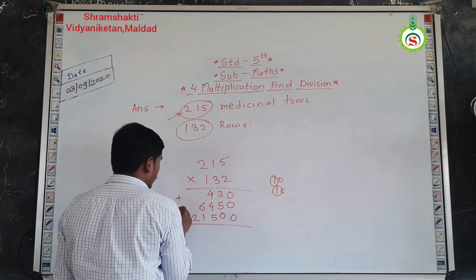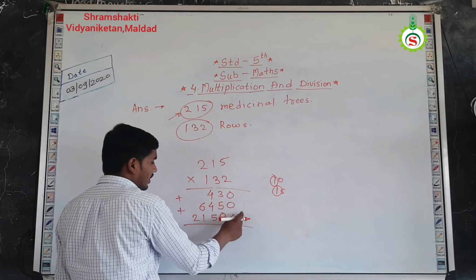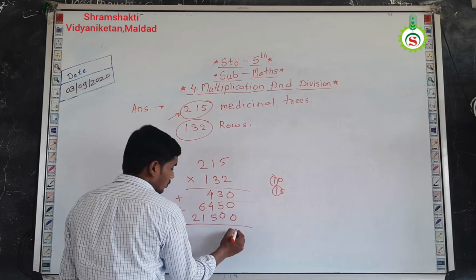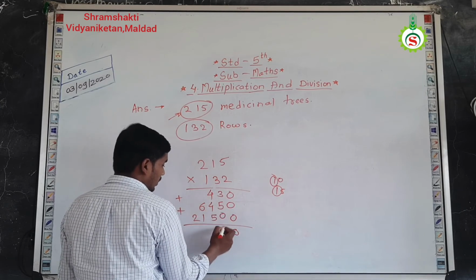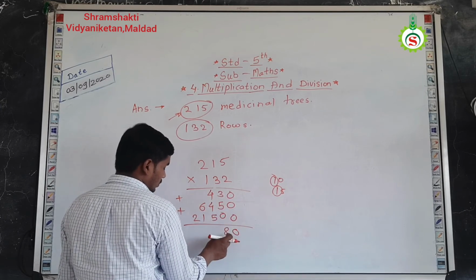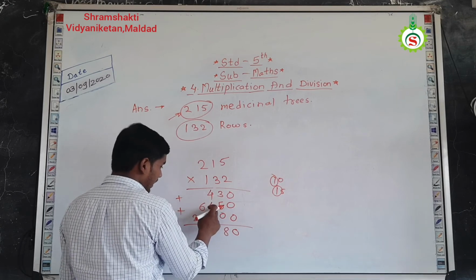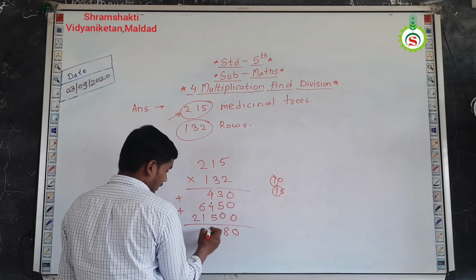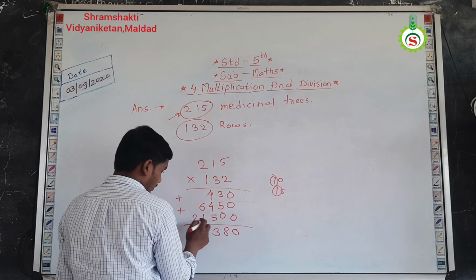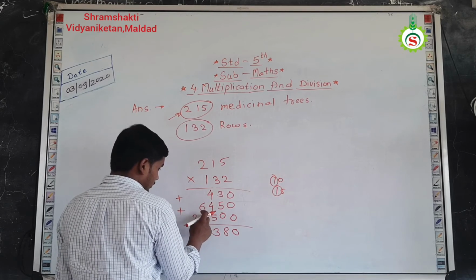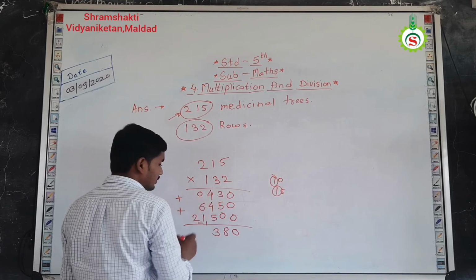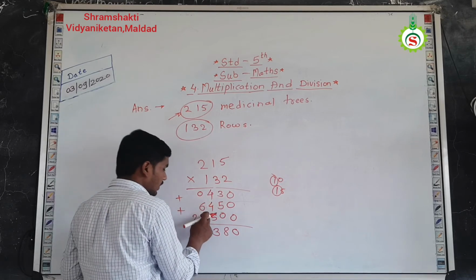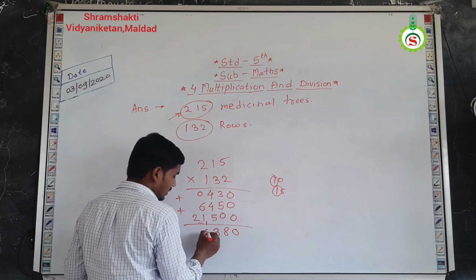Now what I have to do? I have to take the addition of all the answers. So 0, 0, 0, that means 0. 3 plus 5 is 8, 8 plus 0 is 8. 4 plus 4 is 8, 8 plus 5 is 13. 1 is carried, so I will write that 1 here. 6 plus 1, now here is nothing, that means 0 is here. So 6 plus 1 is 7, 7 plus 1 is 8.